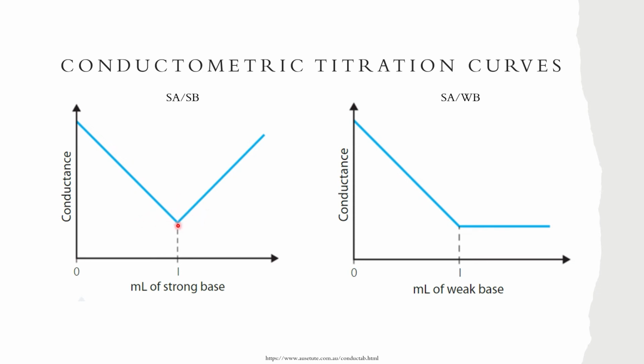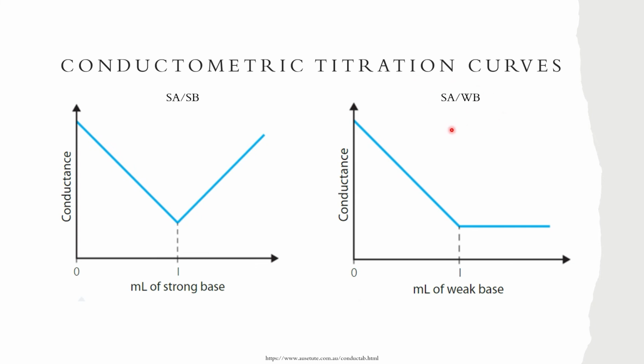That's where there really isn't any hydrogen or hydroxide present, just all the other ions. Once we start adding an excess of base, that conductance starts to shoot up again as there is more and more hydroxide present. Note that whether we have lots of acid or lots of base, the conductance is high at both of those points, which is a really big difference to the graphs that we saw with pH on the y-axis.